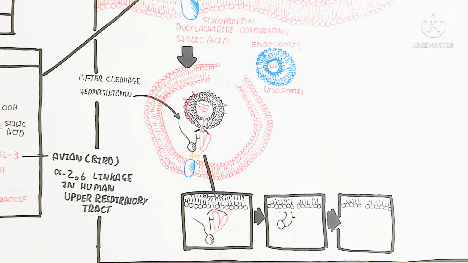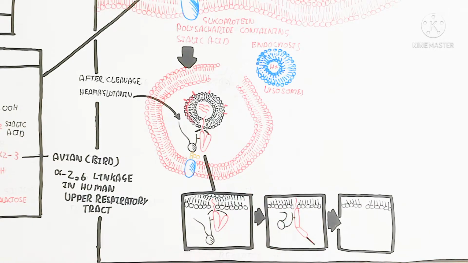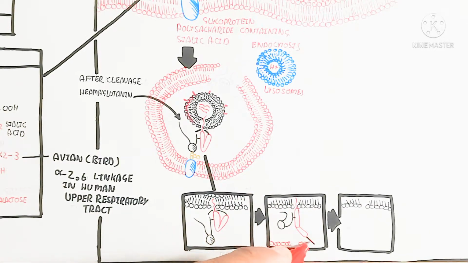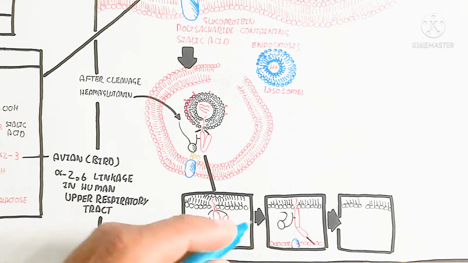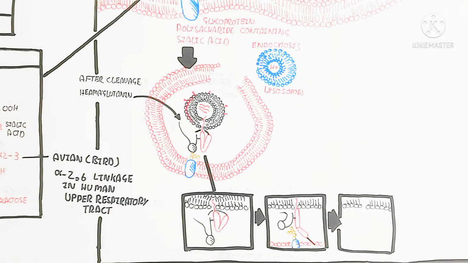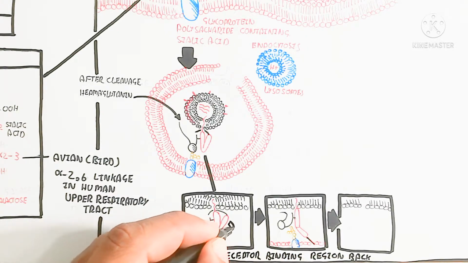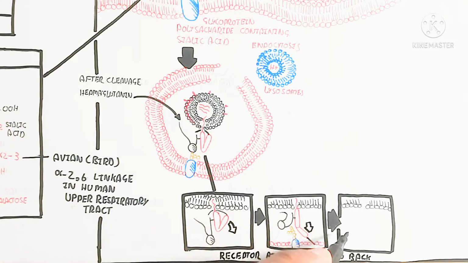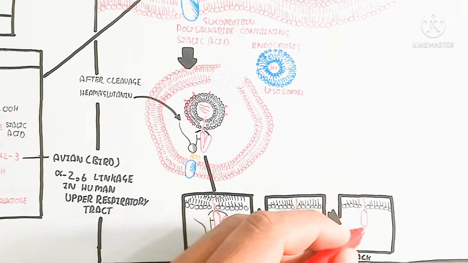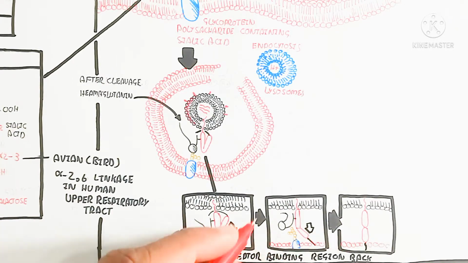After this change in pH, a different mechanism is created. Here you can see, number one, the trimeric subunit of the hemagglutinin will be released and move down, attaching with the plasma membrane of the endosome, and the receptor binding region is folded back.